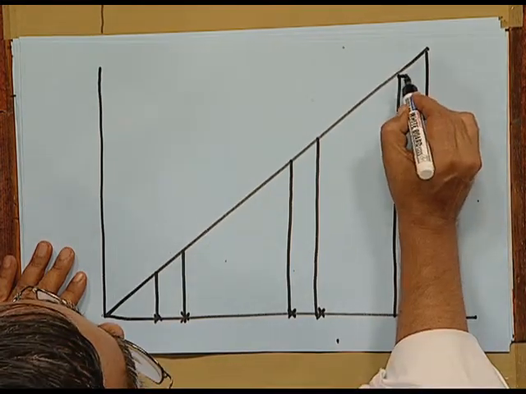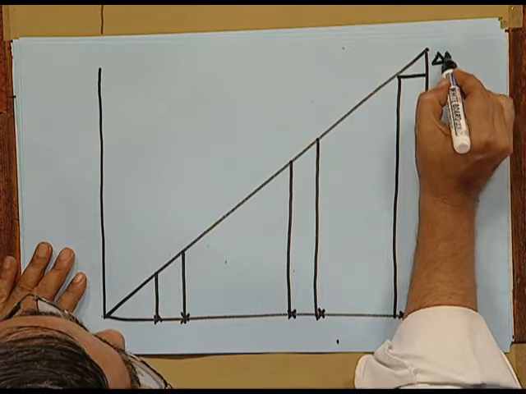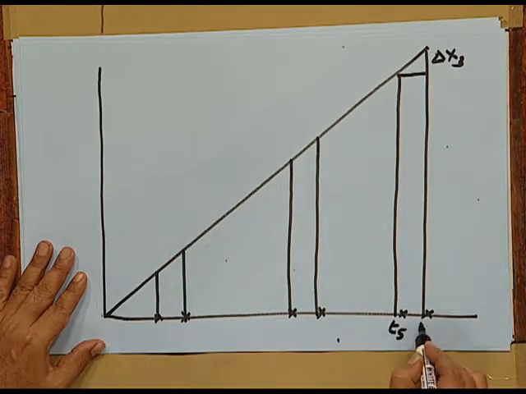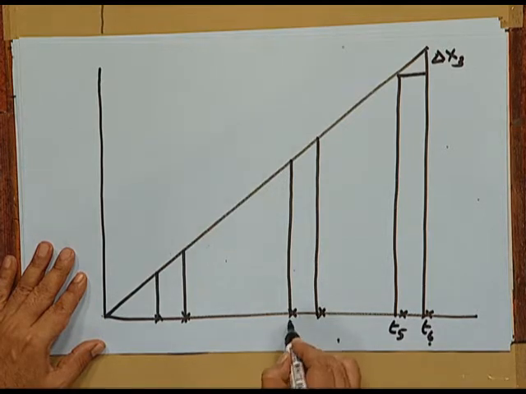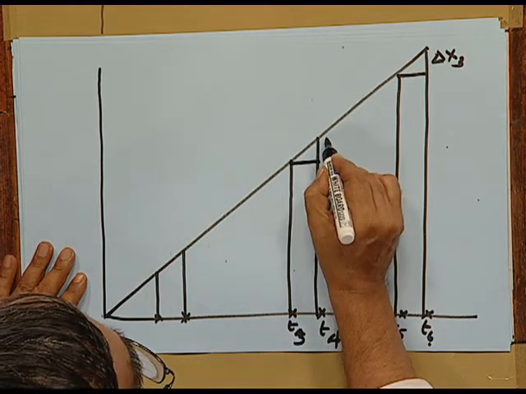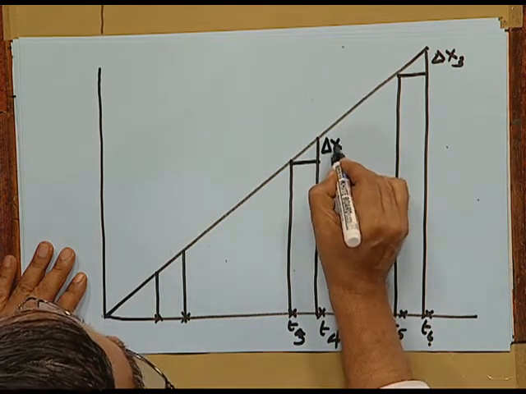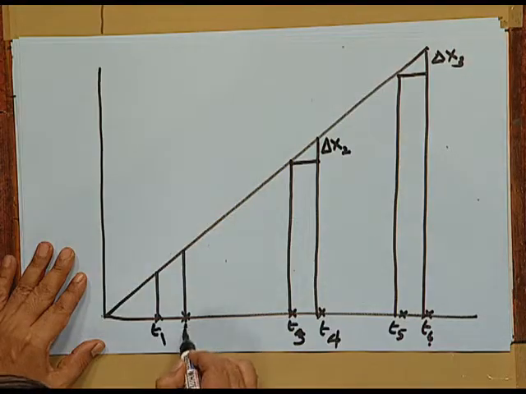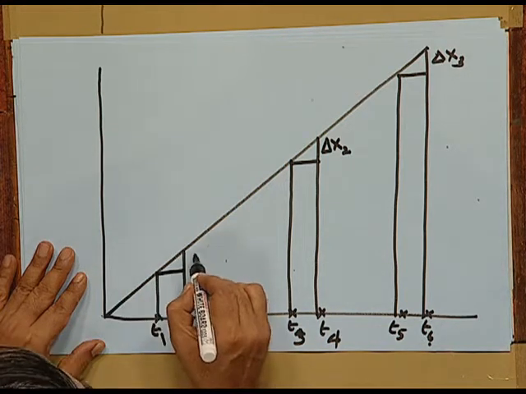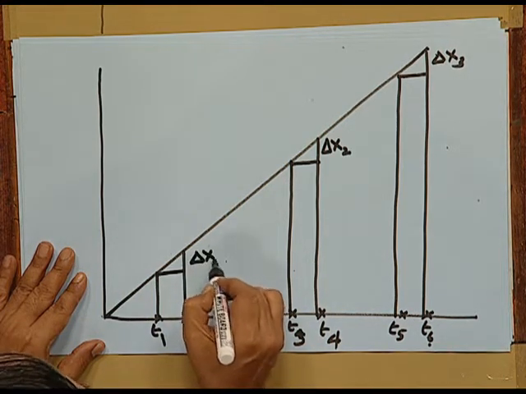Look at delta x3 in the interval t5 t6, and in t3 t4, delta x is represented by the height, which I have indicated as delta x2 here. Between t1 t2, the interval is the same, but the timings are different. Look at this delta x1.